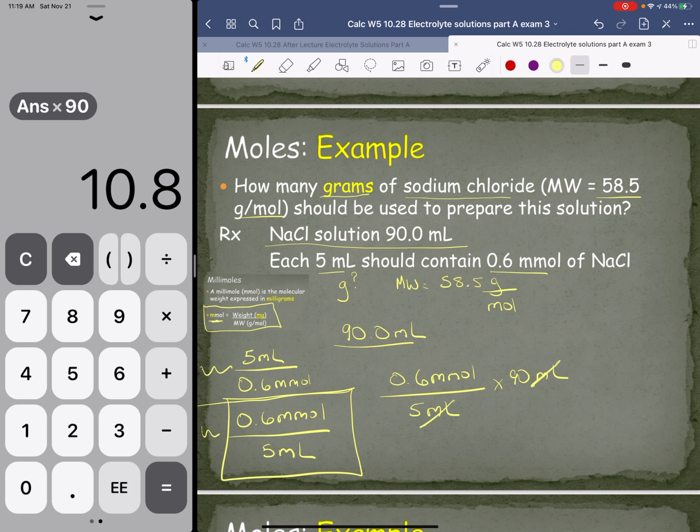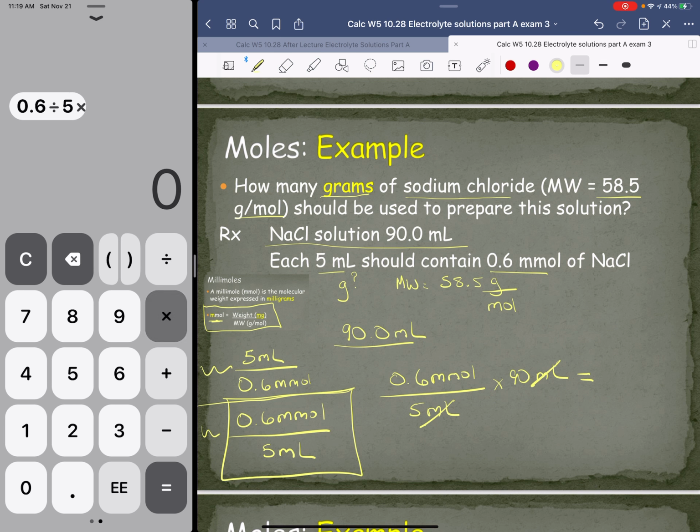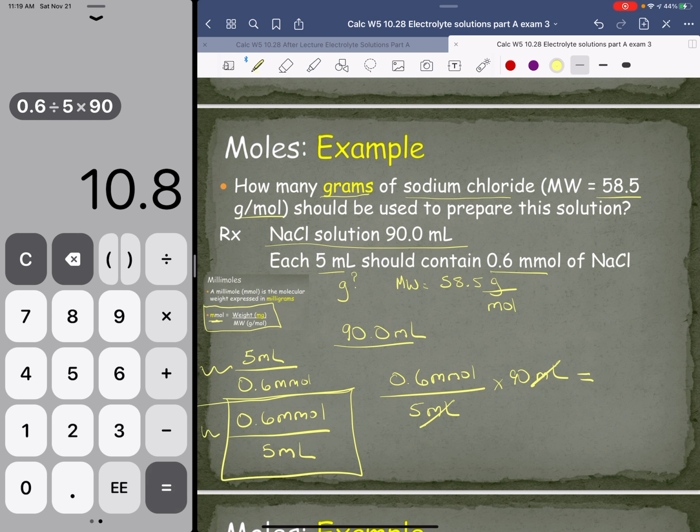I'm a big proponent of unit analysis, so I'm going to find the millimoles: 0.6 divided by 5 times 90.